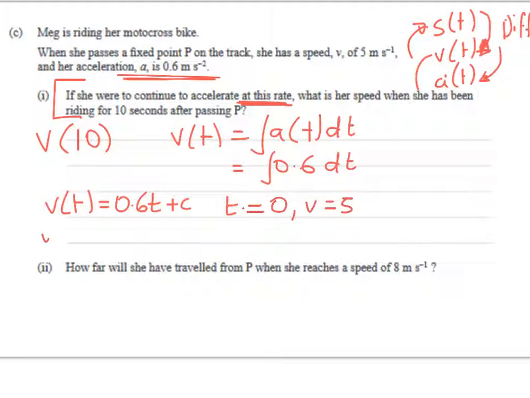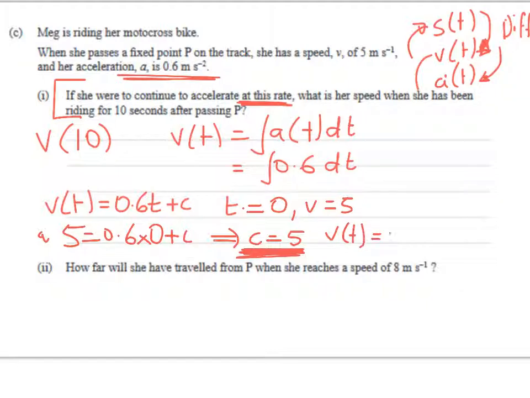So 5 is equal to 0.6 times 0 plus c, so c equals 5, right? So some kind of working like that to show that c equals 5. That gives me my equation, V of t is equal to 0.6t plus 5.